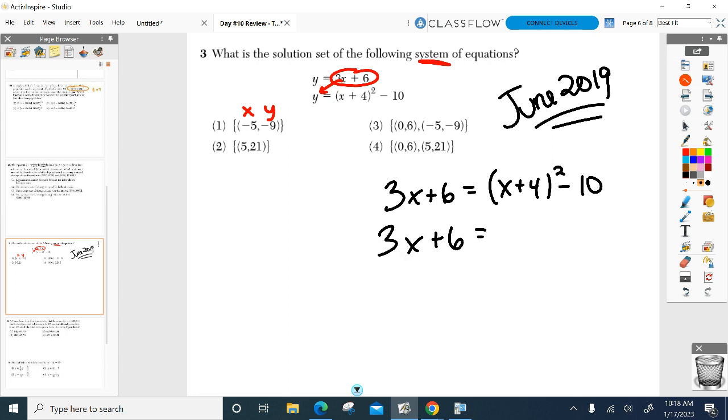What's going to happen here? Not x squared plus 6. No, you know that, and you're better than that. What's going to happen there? FOIL, double distribute, off to the side. (x plus 4)(x plus 4). Yes, FOIL, double distribute. Boom, boom.